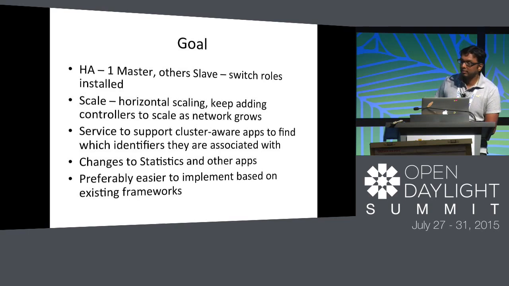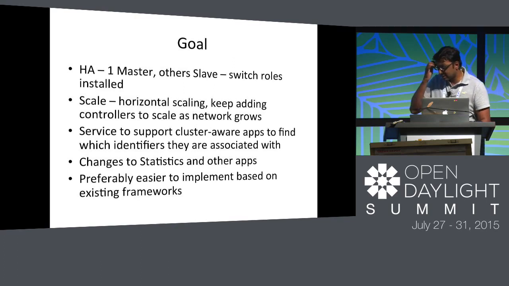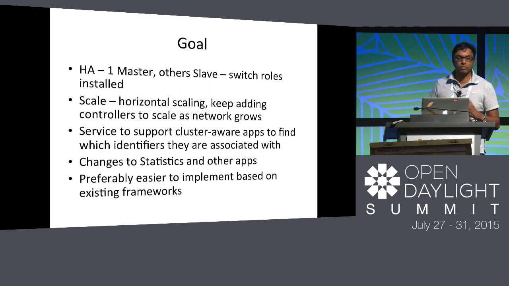Second is scale. We are trying to achieve horizontal scaling such that if more devices get added, we can add more controllers. Also in this time frame, we are trying to service some apps which can be made cluster aware. There's some discussion going on around what we need from the API front for these apps to be cluster aware.